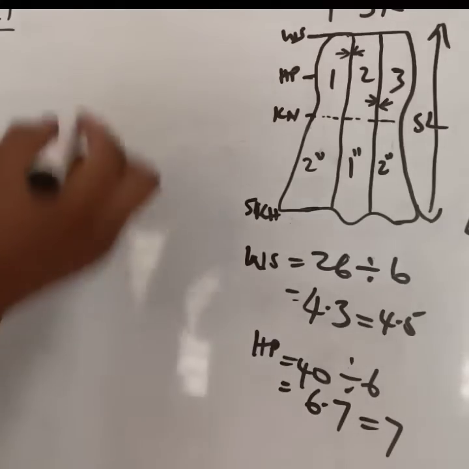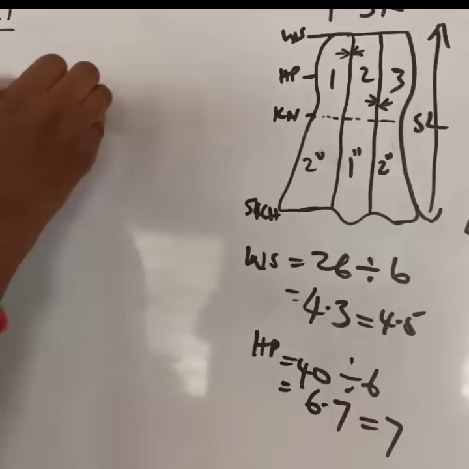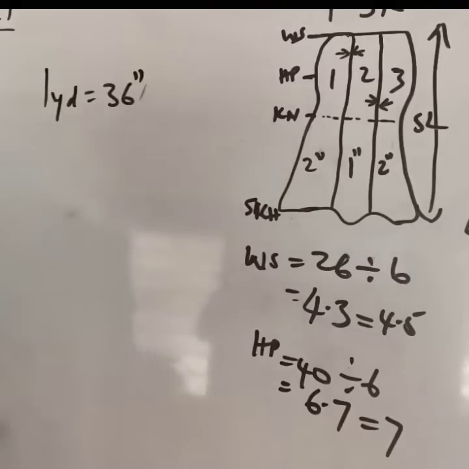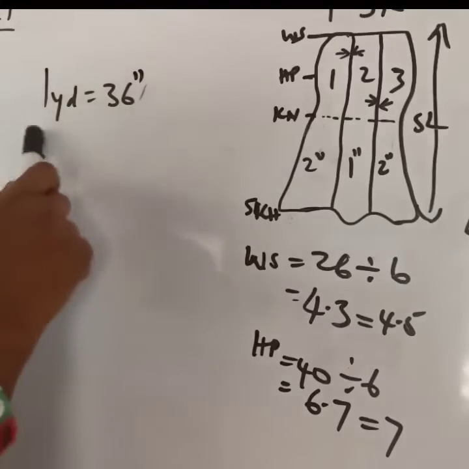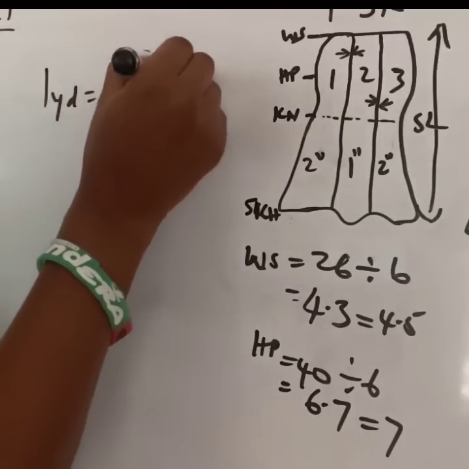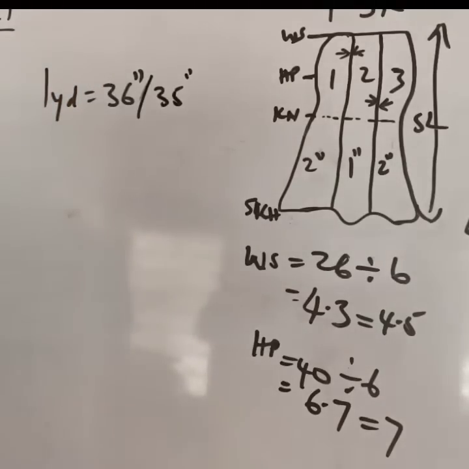A yard of fabric is equal to 36 inches. But there are some fabrics where the yardage is not up to 36. There are some that are 35. So do well to measure yours.